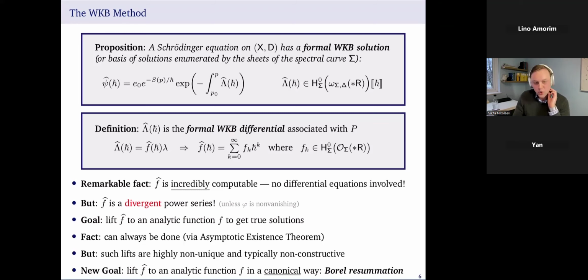Right. Okay. So the new goal is, instead of just lifting it in some willy-nilly way, to try to lift this remarkable f hat to an analytic solution f, but in a canonical way, in a way that I can control. And the way to do that, there is a definite sense in which the universal technique for achieving that is called Borel resummation.